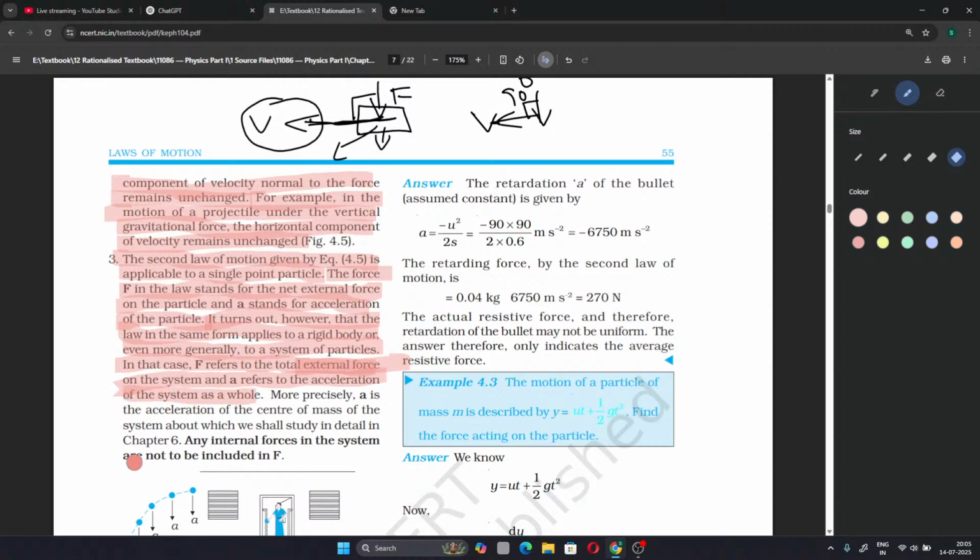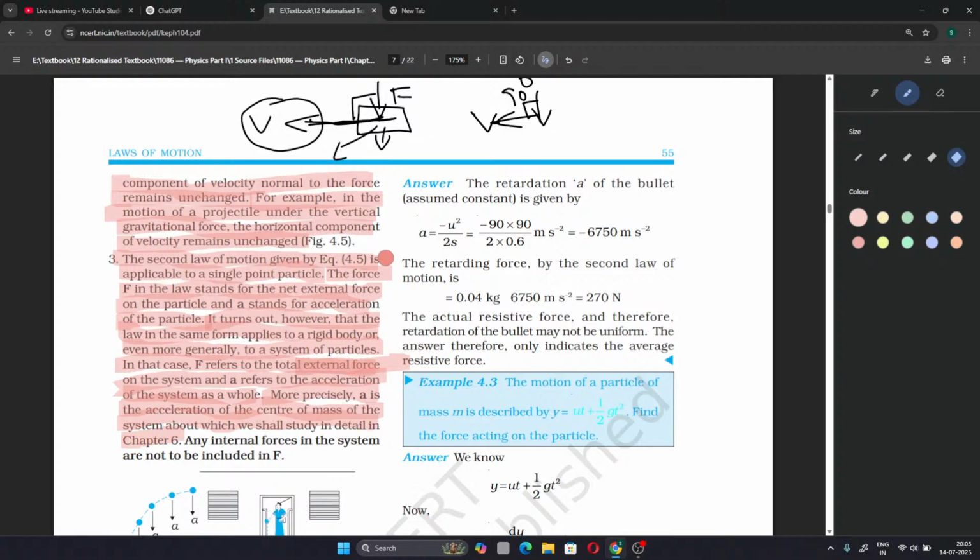We are not talking about individual particles of the system, we are talking about the whole system. More precisely, A is the acceleration of the center of mass of the system, which we studied in detail in chapter 6.